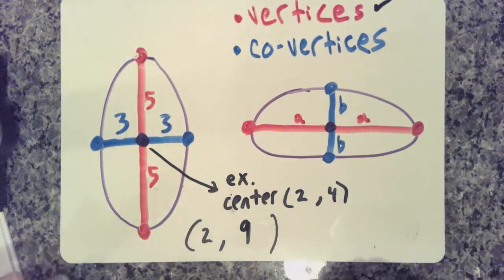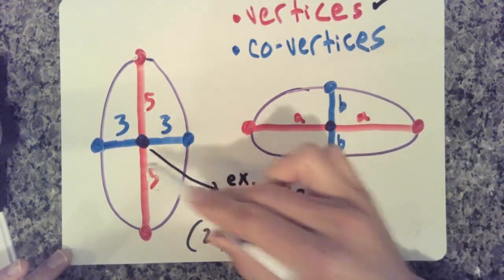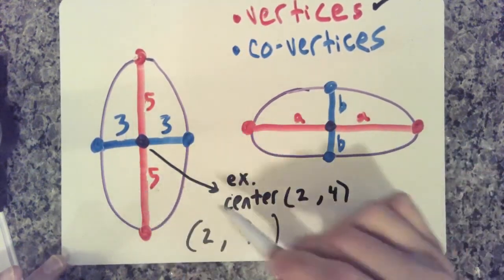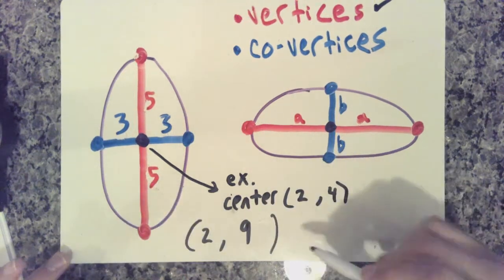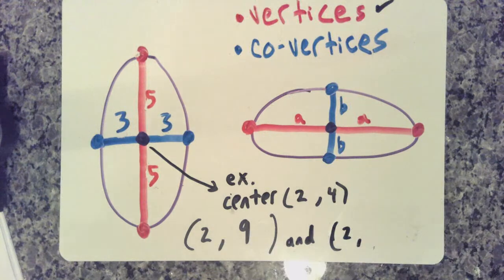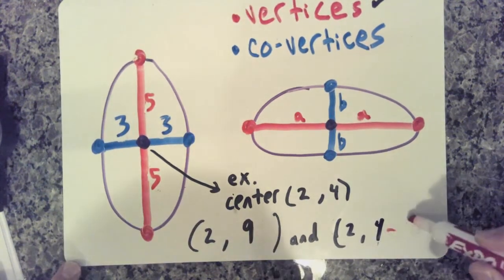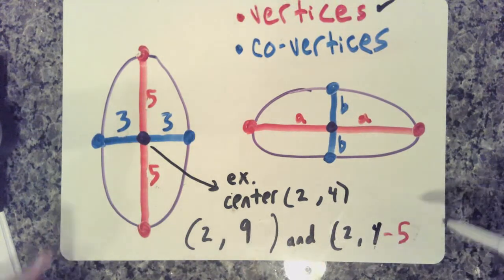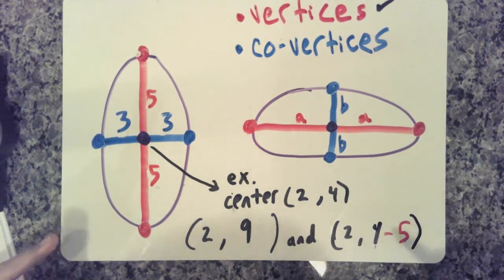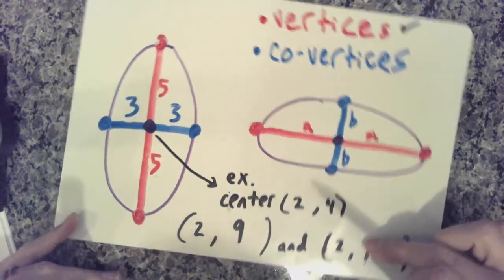So that's 2, 9, but then we'll also subtract the 5 from 4. So it'll be 2, and then we'll have 4, but this time we're going to subtract the 5. So 4 minus 5 gets us -1.